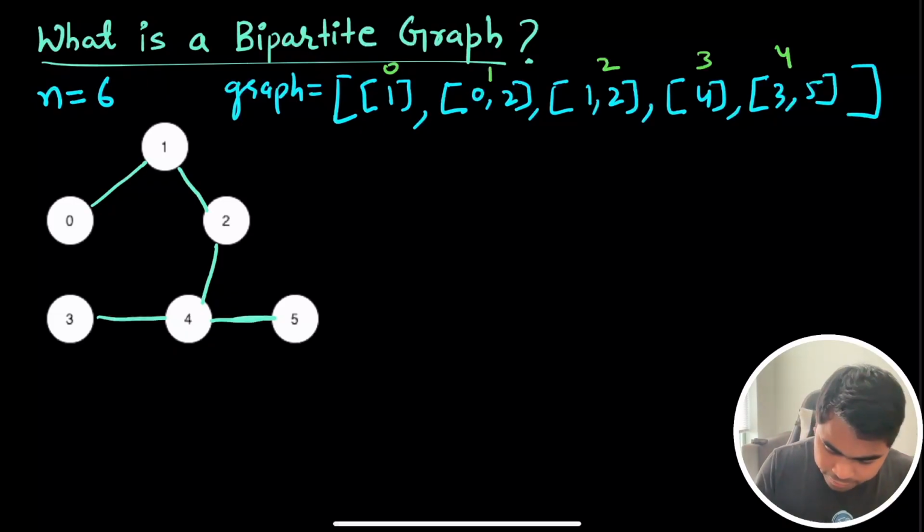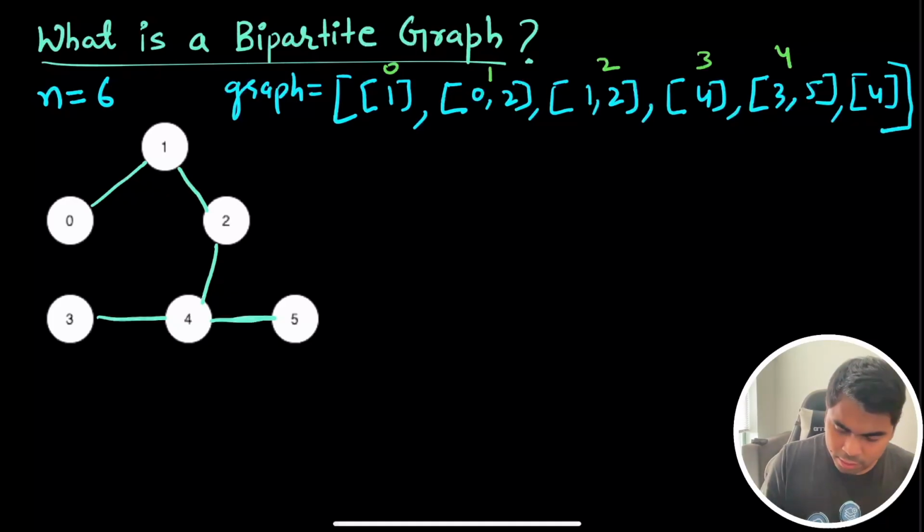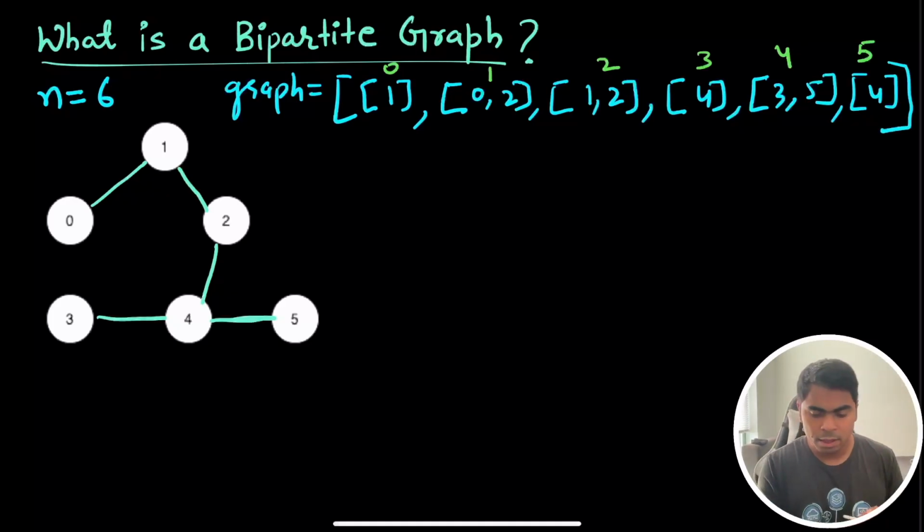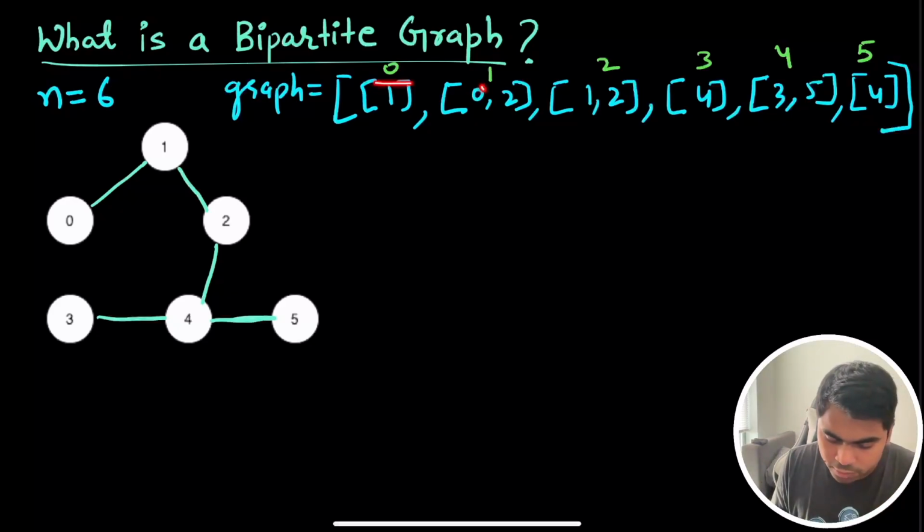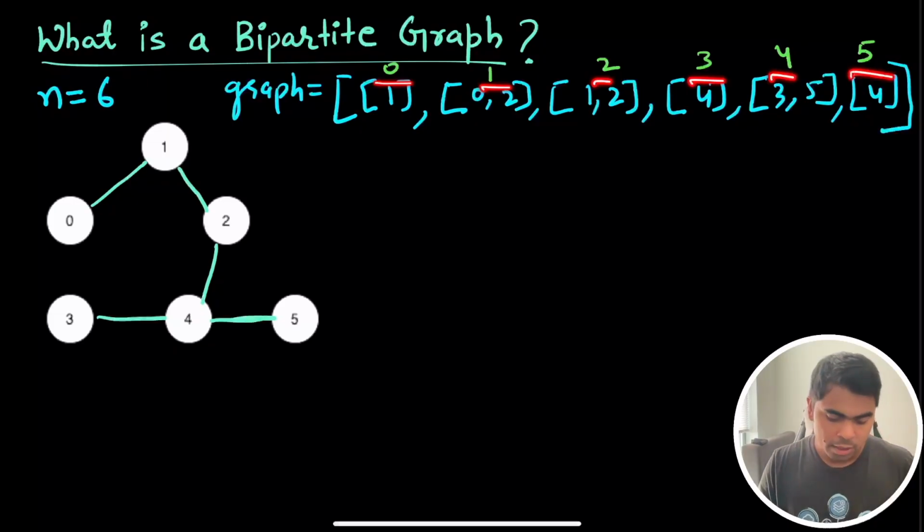So I will add 5 as well here. So 5 is connected to just 4. All right, so now we are complete. Now these are basically the neighbors or connected members of each of these nodes, right?